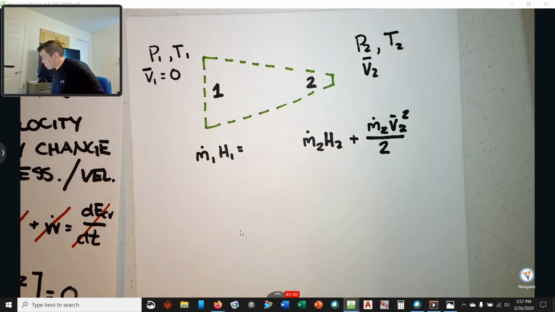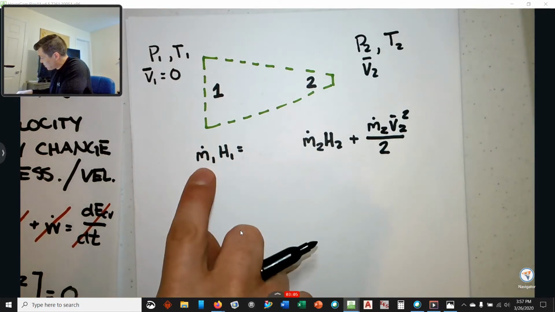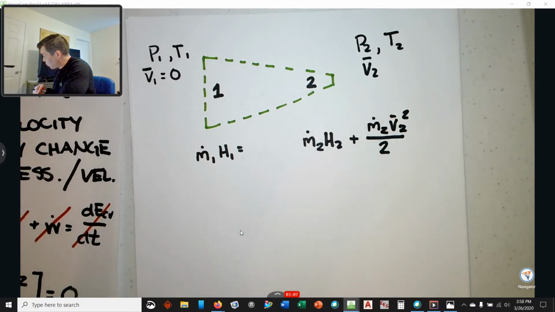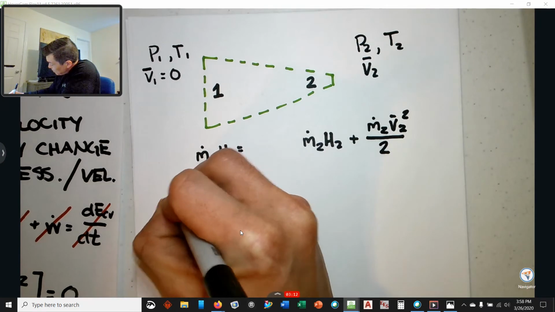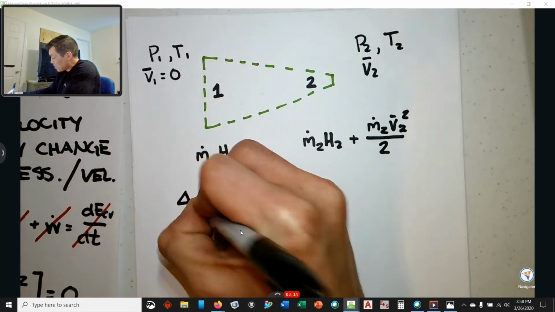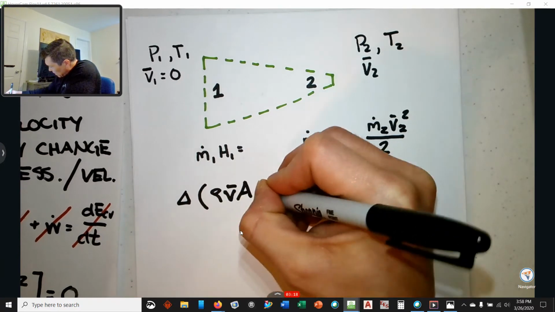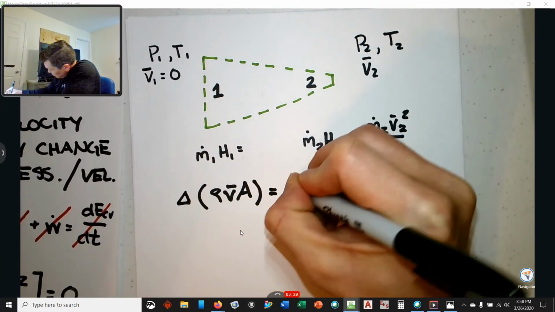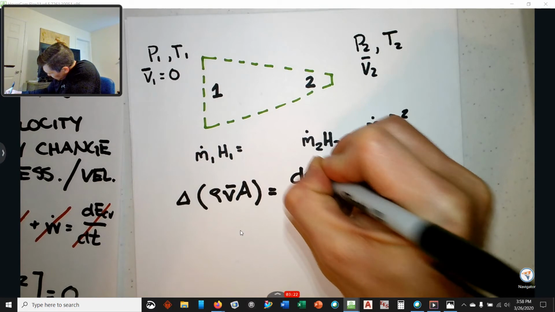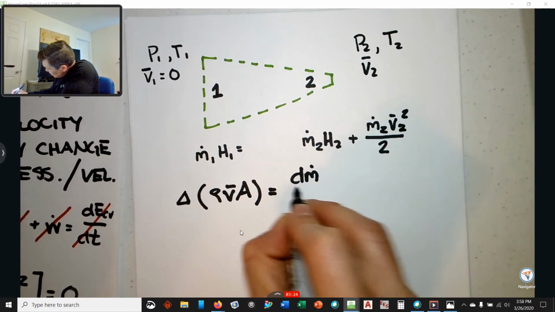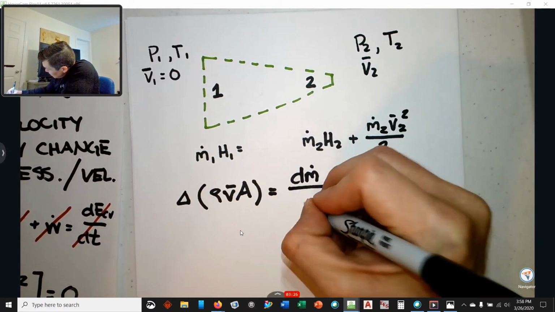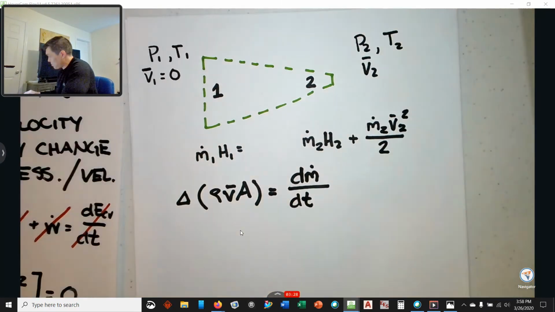All right, so let's apply continuity here, because we see we have M1 and M2. If we apply the continuity equation here, the macroscopic version is going to tell us that delta rho VA equals a change in the mass flow rate with respect to time.